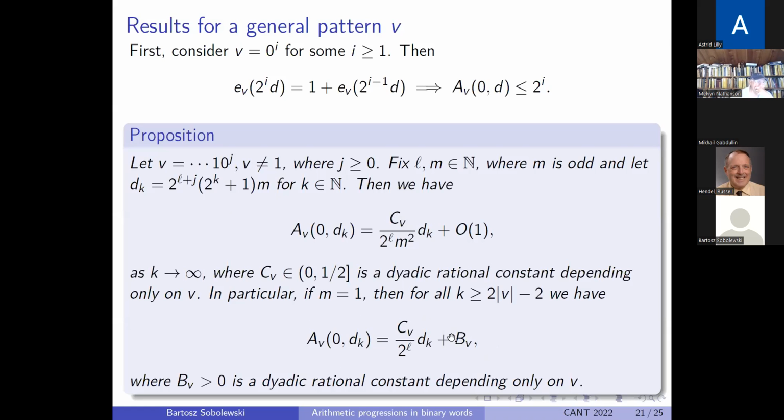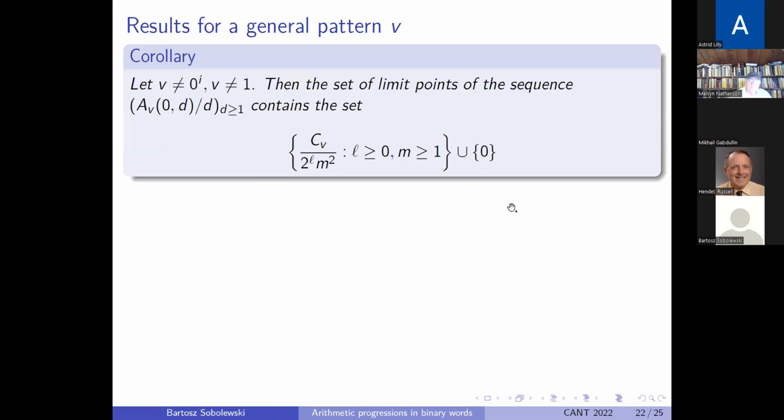And again, here we have a constant BV, which again can be calculated effectively. So a corollary of this result is that we get infinitely many limit points of the sequence AV of 0, d divided by d, which are of this form.